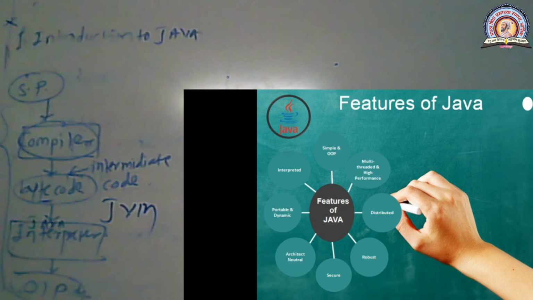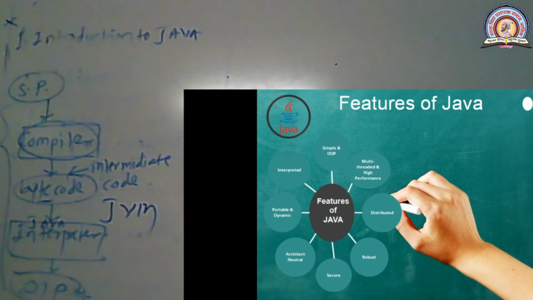This JVM is a Java virtual machine with the Java interpreter, and it gives us the output. There is no need to compile that program again on another system. That's why the Java language is portable, or architecture neutral.